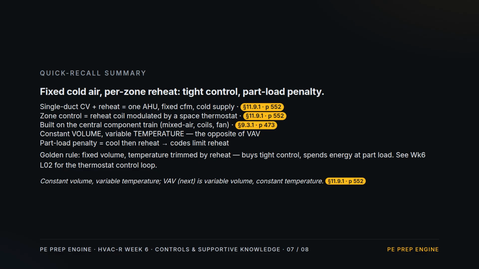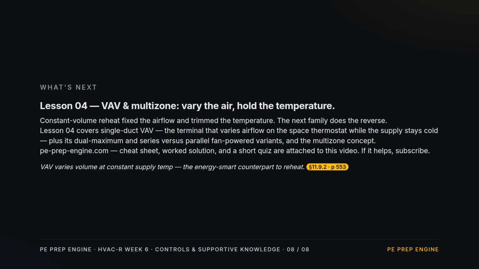And its weakness is the part load penalty. You cool then reheat, which is why codes limit reheat. Golden rule: fixed volume, temperature trimmed by reheat, buying tight control at the cost of part load energy. For the thermostat control loop itself, see Week 6, Lesson 2. Next up, Lesson 4, VAV and multi-zone.